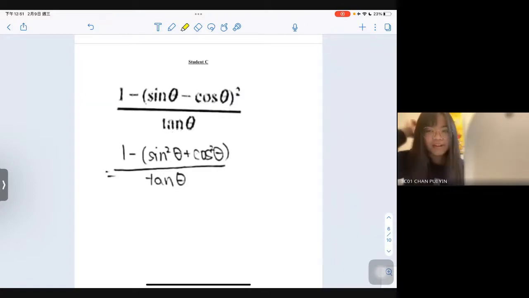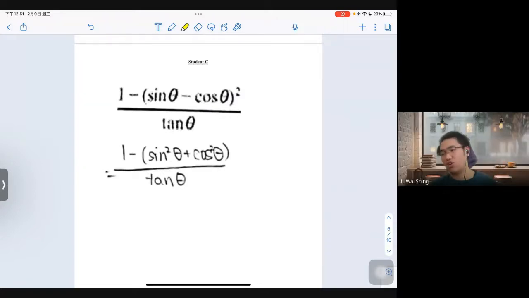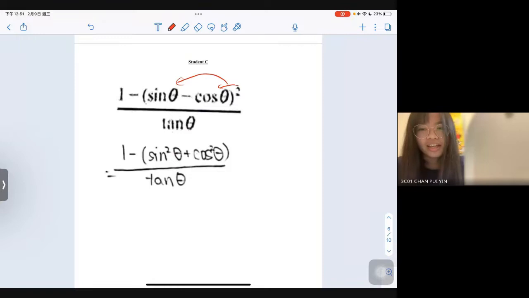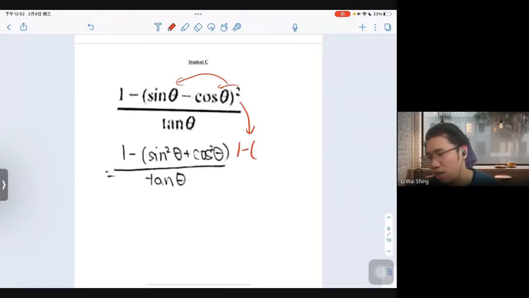Beautiful. 咩 comment 啊？你覺得佢啱定錯啊？錯咯。佢錯喺邊啊？佢 split 咗個二次方入去，sin square 負 cosine square，所以咪加 cosine square 咯。唔係應該個咩 a square 加 2ab 加 b square。Yeah, after the expansion, what should I put in the bracket?